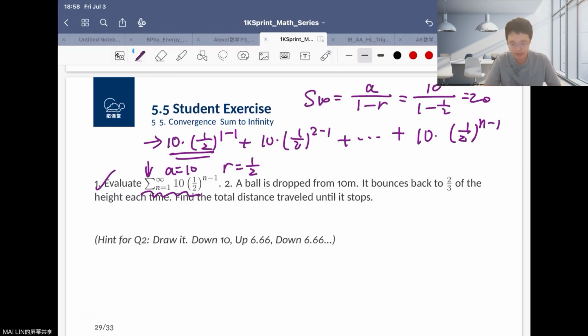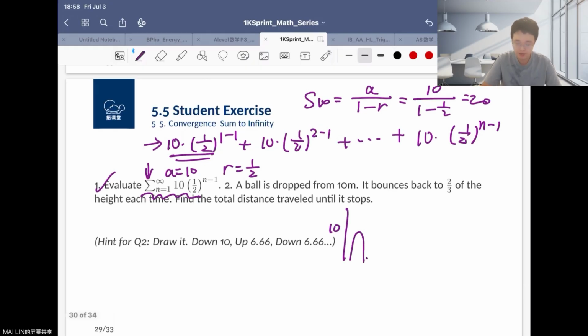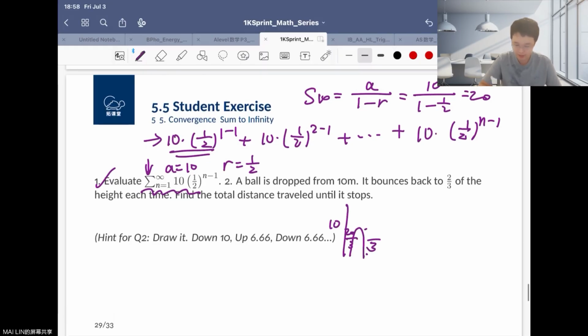For the second problem, a ball is dropped from 10 meters and it rebounds 2/3 of its height each hit. The first time it rebounds 20/3, then it rebounds a second time, third time, fourth time. Find the total distance traveled until it stops.